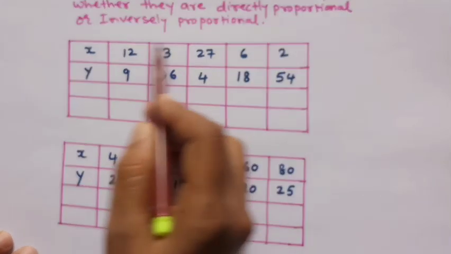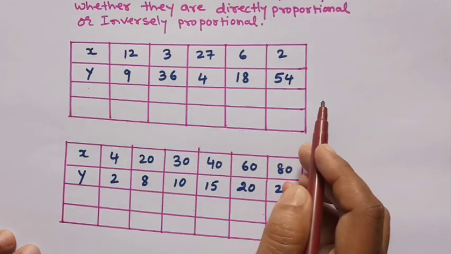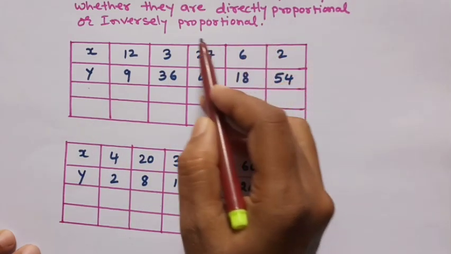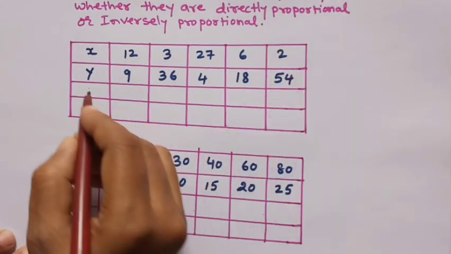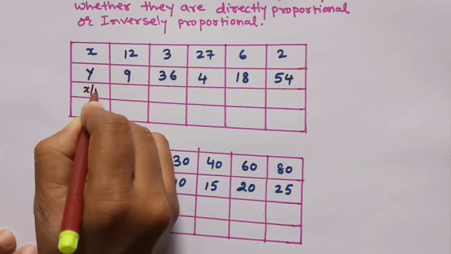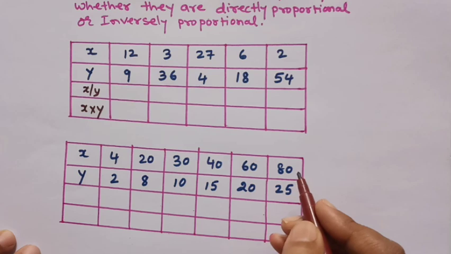Other than these two rows, I have drawn two more rows, because to find out whether they are directly proportional or inversely proportional, the main thing is we should know what is x by y and what is x into y.